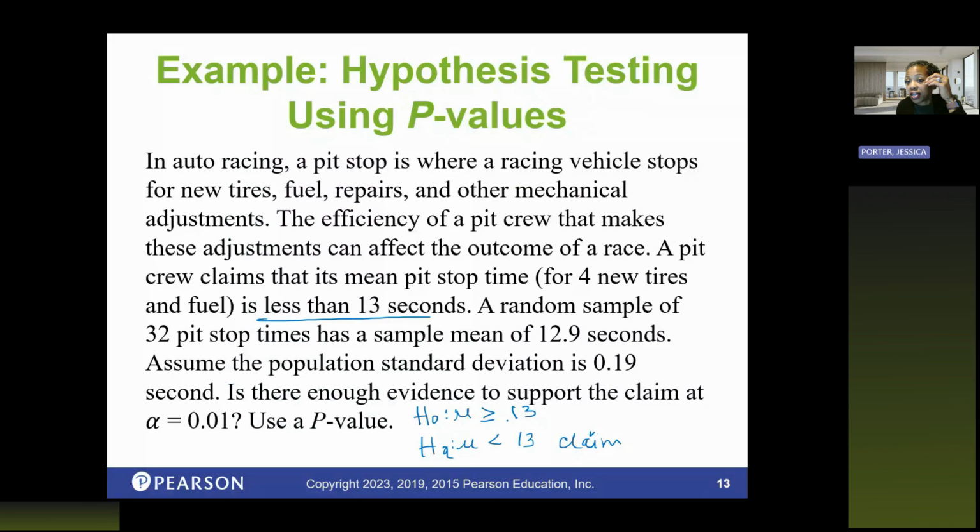Now we find our test statistic, the standardized test statistic. And remember that calculation is z equals x bar minus mu over the standard deviation of the population divided by the square root of n.